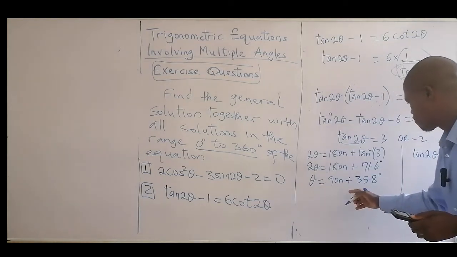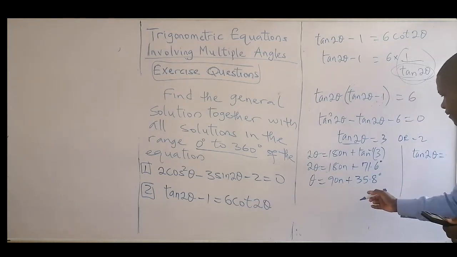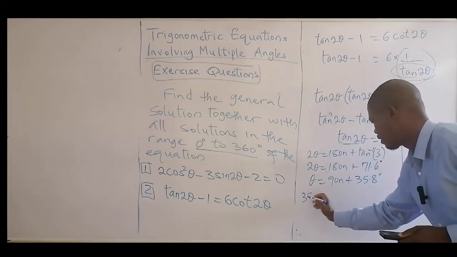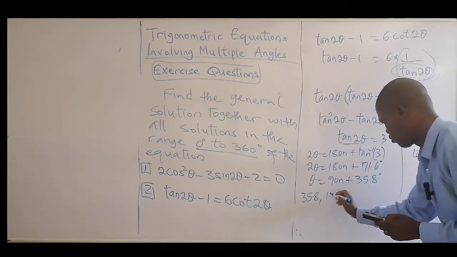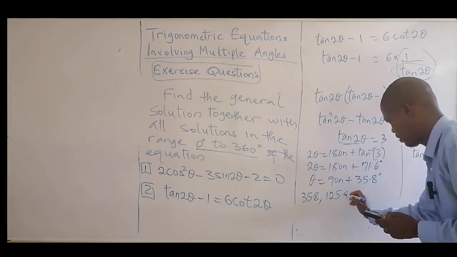When n is 0, we have theta equal to 35.8. When n is 1, we have 90 plus 35.8, that's 125.8.